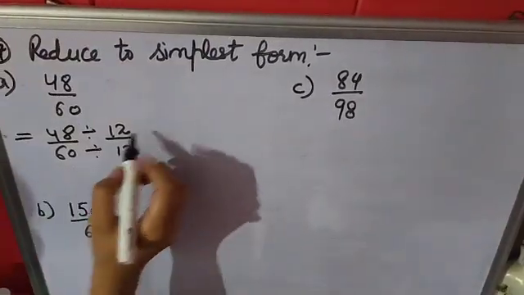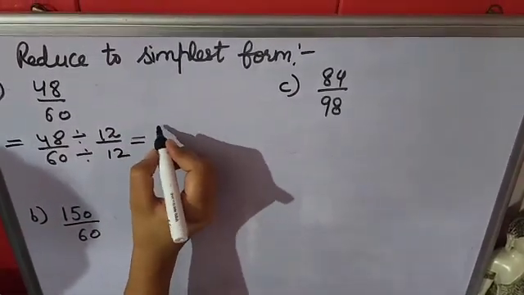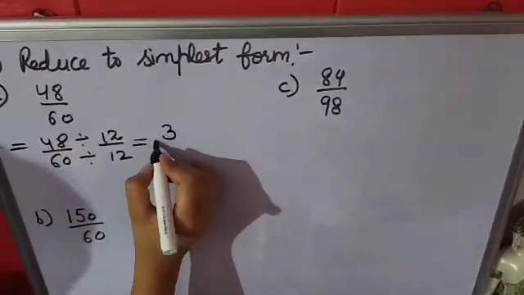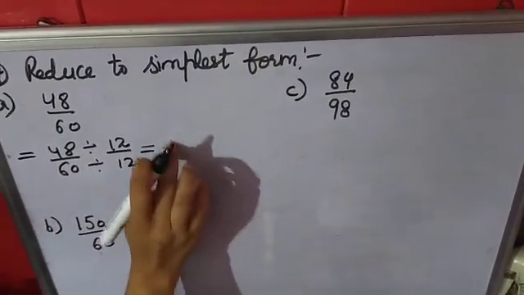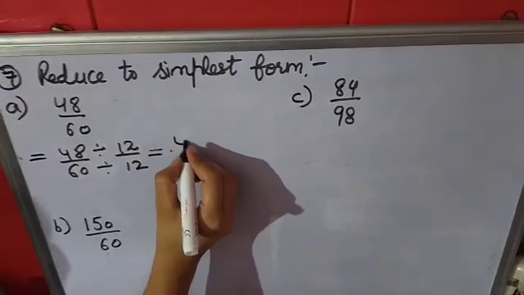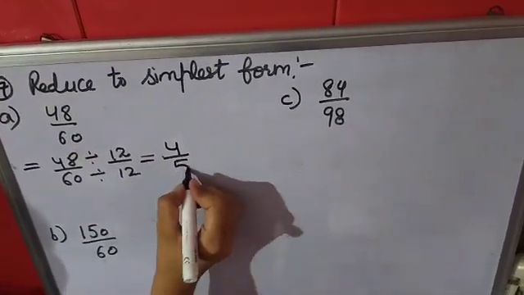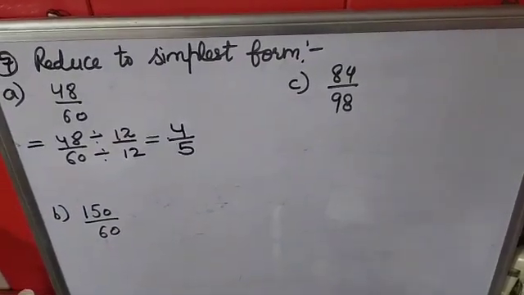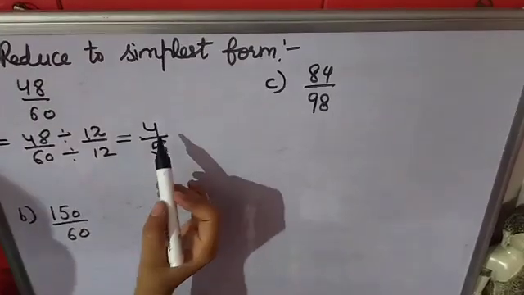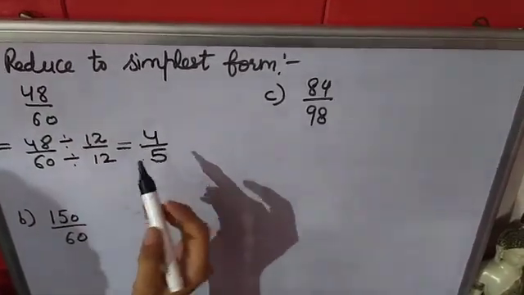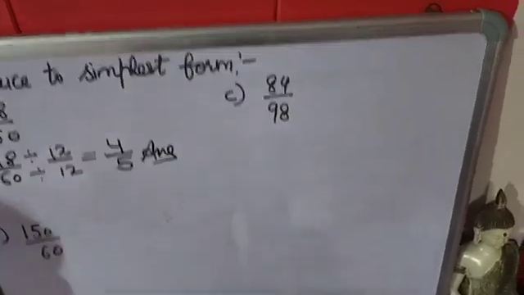So both numbers are divisible by 12. 12 fours are 48, 12 fives are 60. So the fraction is 4 upon 5. Now we will check whether 4 upon 5 is divisible together in any table. No, 4 upon 5 both are not coming in any number. So this is in simplest form.